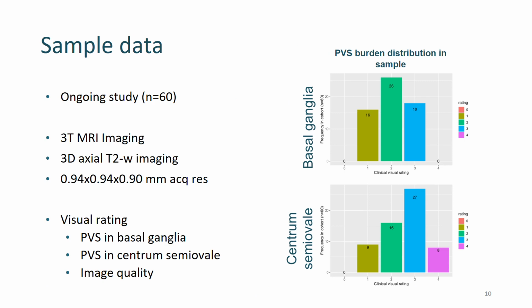For testing and validating our proposal, we use 60 T2-weighted images from a prospective study of mild stroke patients. The enlargement of perivascular spaces in both basal ganglia and centrum semiovale were visually rated and assessed by an expert neuroradiologist, and also an experienced image analyst classified images into low and high quality.